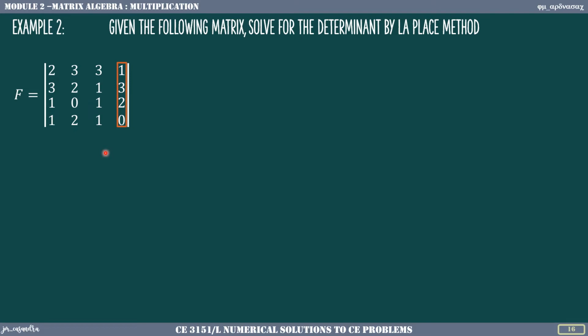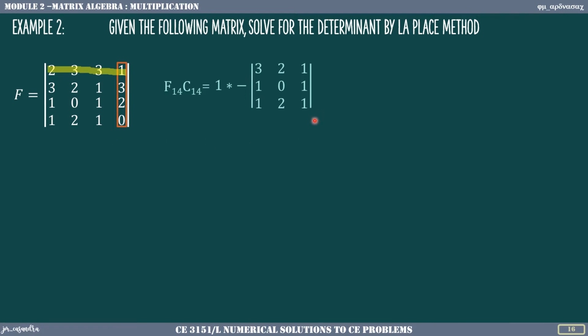So let's start with the first element of our chosen column. So we have F14 times C14. F14 is 1. 1 plus 4 will give us a negative value, since it's odd. Its minor matrix will be this one: 3, 1, 1, 2, 0, 2, 1, 1.